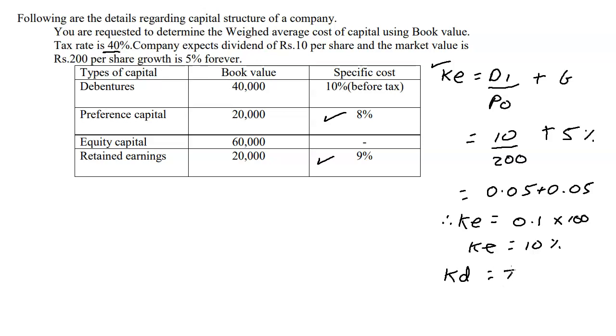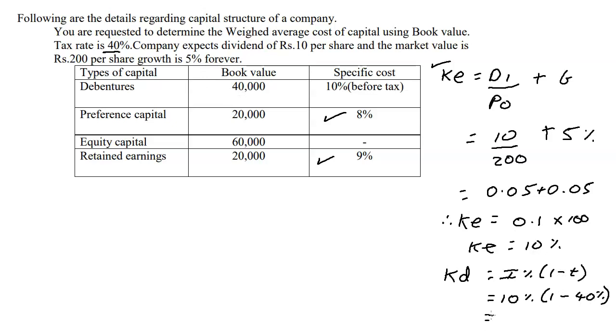So it is the interest rate, open bracket, 1 minus T. The interest rate in the case of debentures is 10%, so it's going to be 10%, open bracket, 1 minus the tax rate, and the tax rate is 40%.